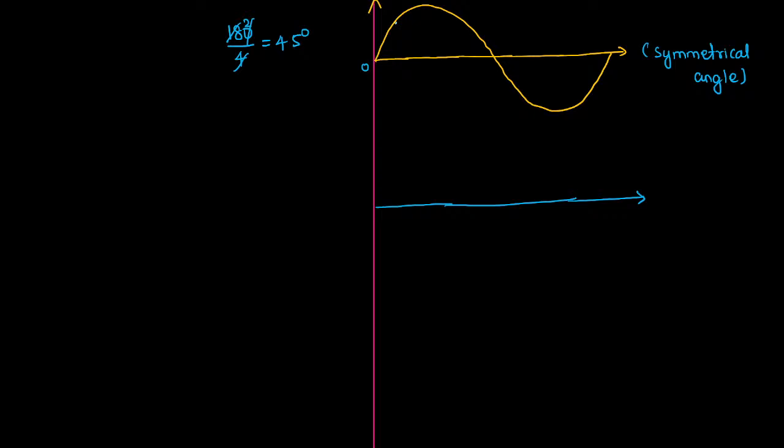So we are triggering the circuit at 45 degree. From 0 to 45, we are starting at 0 degree and at 45 we are triggering. From this, it will conduct continuously for the next 45. 45 plus 45 gives 90 degree. So you can go up to 90 degree.